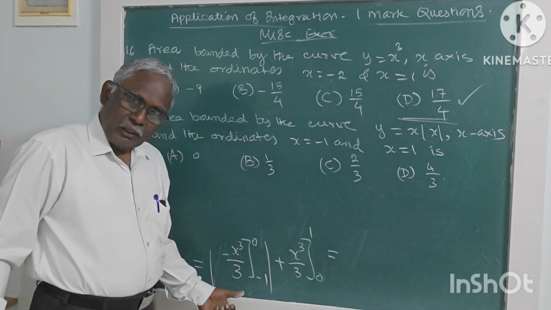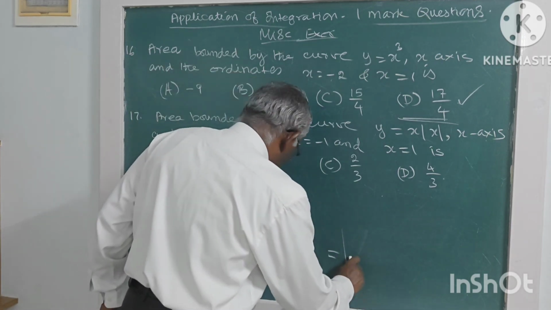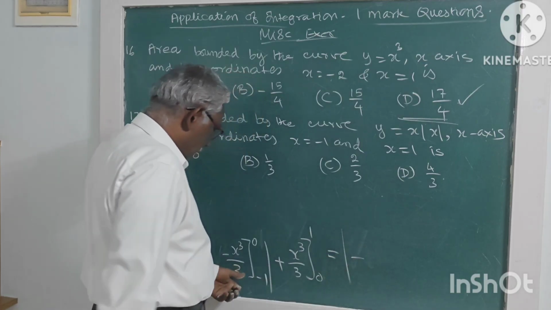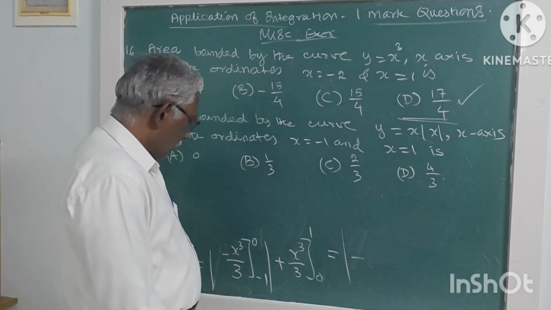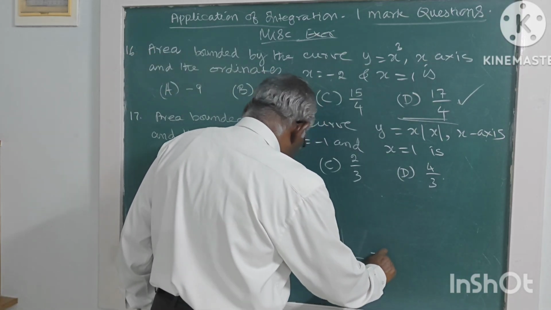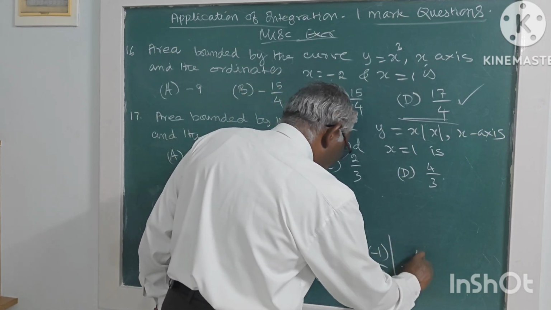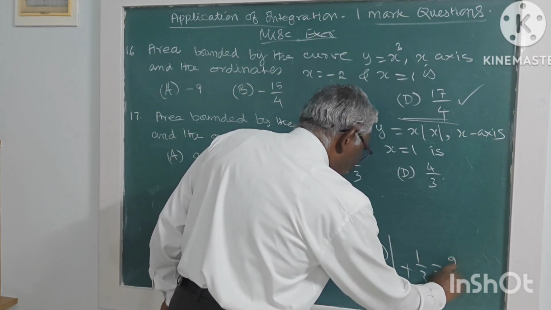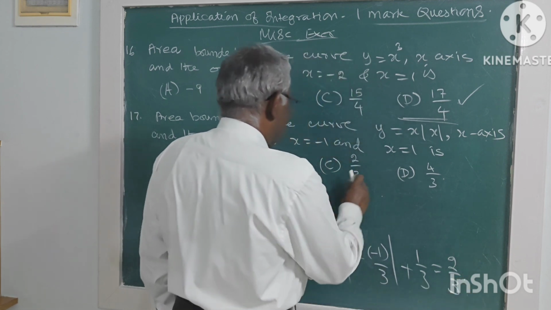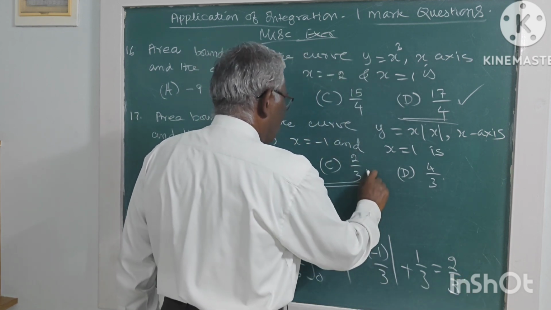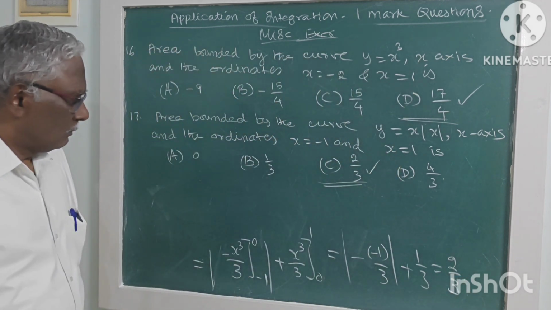I put 0, 0 only comes, then minus, you put x is minus 1, minus 1 cube is again minus 1 by 3, plus 1 by 3 is equal to 2 by 3. So 2 by 3, this is the answer.